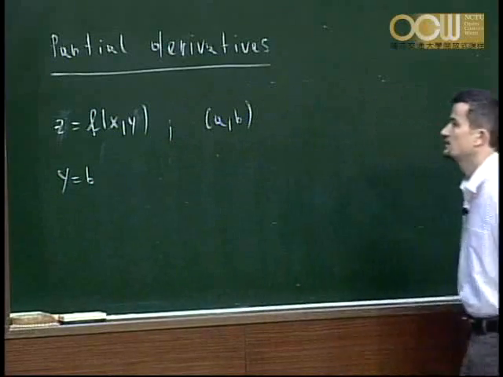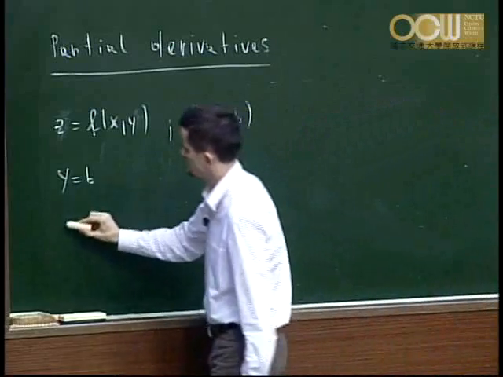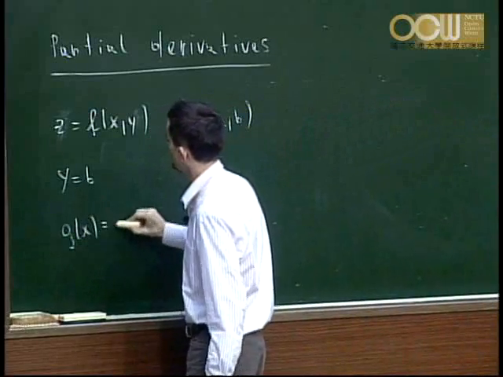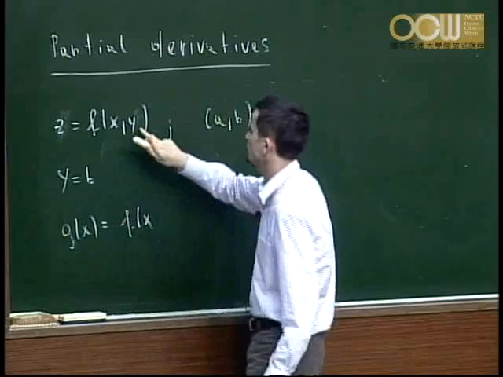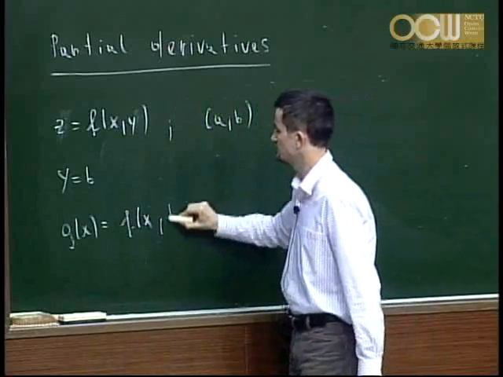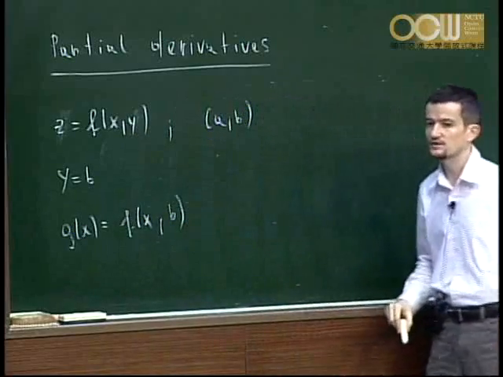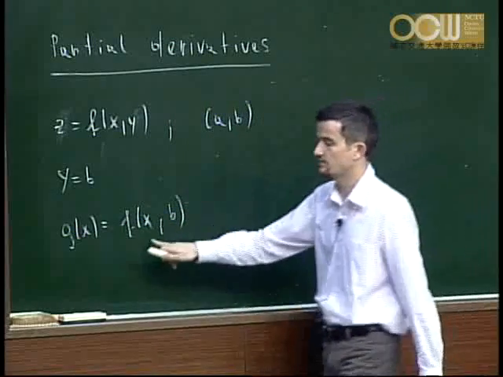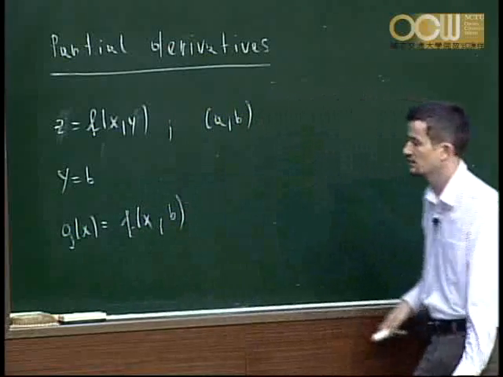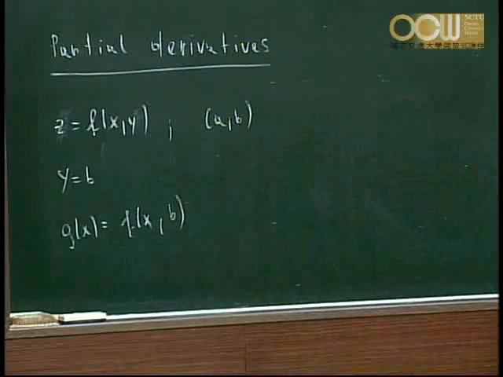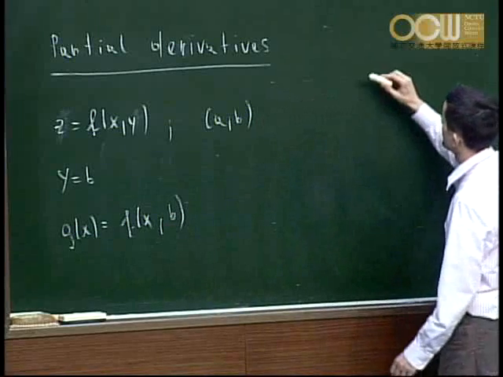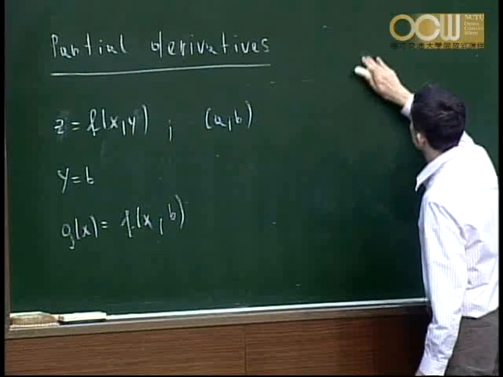We look at the function which is defined as g of x equal to f of x, b. So we plug in b for the second coordinate and just look at the function as a function of the first variable. And here we can use the usual derivative.